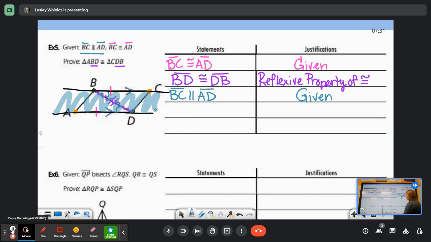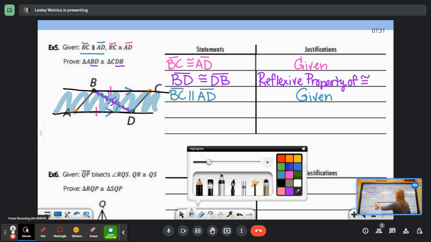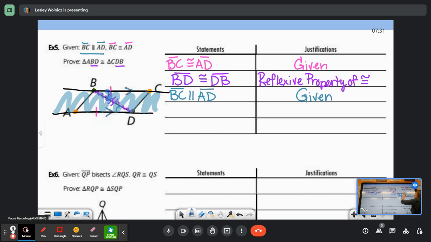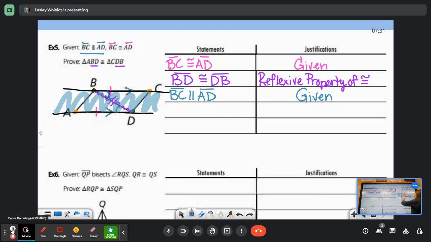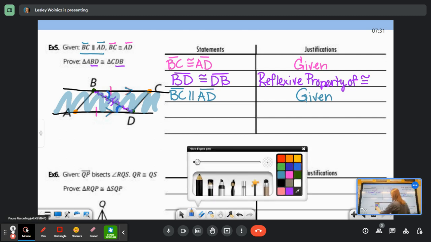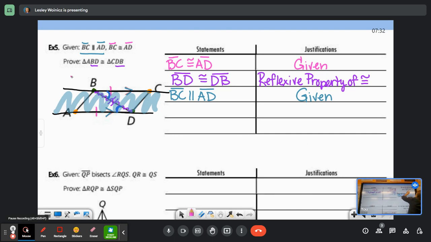Notice that the two angles that I wanted to be congruent, this one and this one, are both in the interior of my parallel lines, and they are on alternate sides of my hot pink transversal. Those are alternate interior angles, and they are congruent by the alternate interior angles theorem.